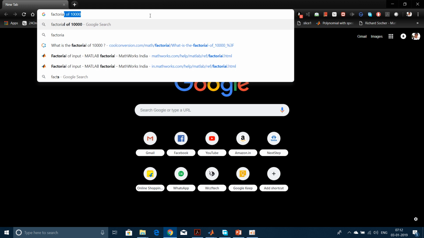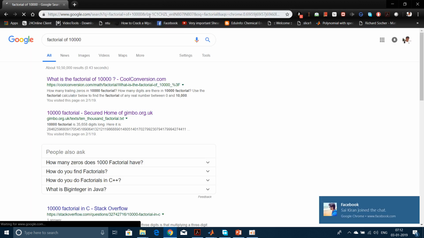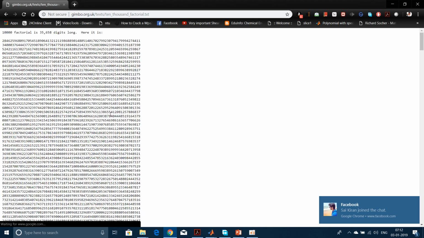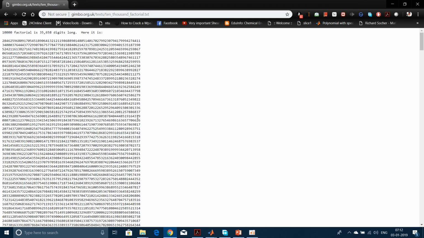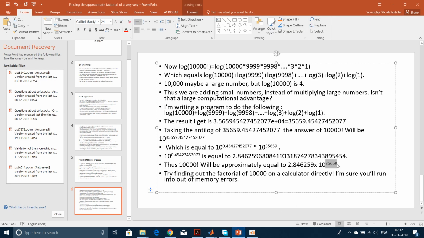So factorial of 10,000. This site has the factorial of 10,000. It's 35,658 digits long, which is approximately the same as what we found out here, 35,659. Okay, and the first few digits are 2.846259.